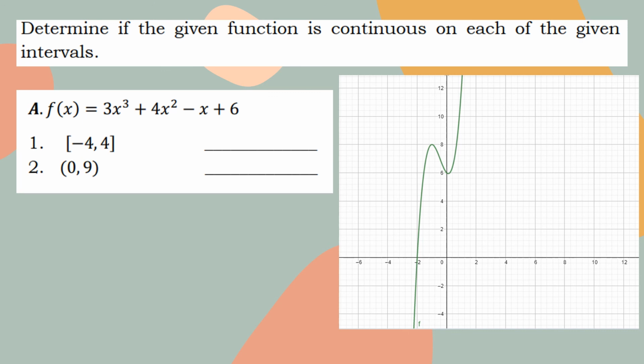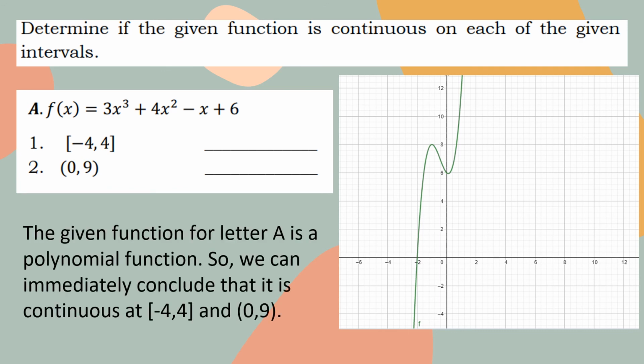This is a cubic function, so it looks like an S in form. Okay, so let's have the solution. The given function for letter A is a polynomial function. Obviously, we can immediately conclude that it is continuous at -4 and 4, and 0 and 9. Polynomial function, no need to expand.